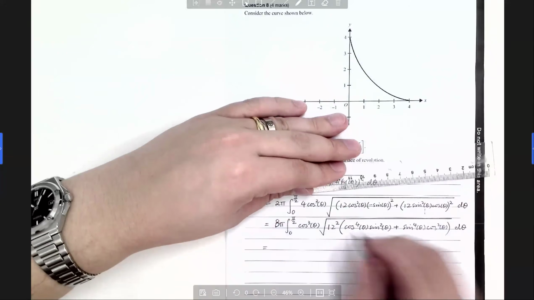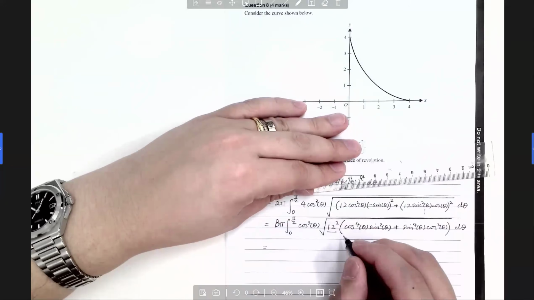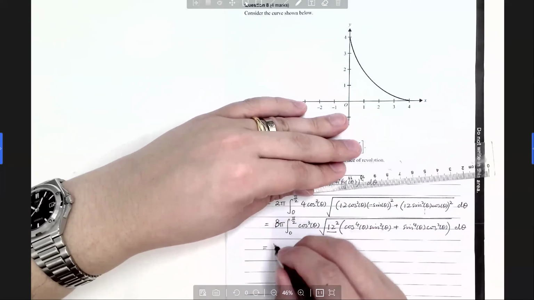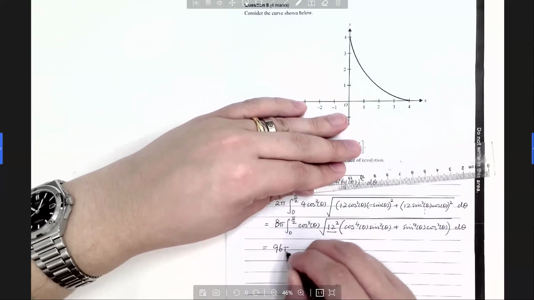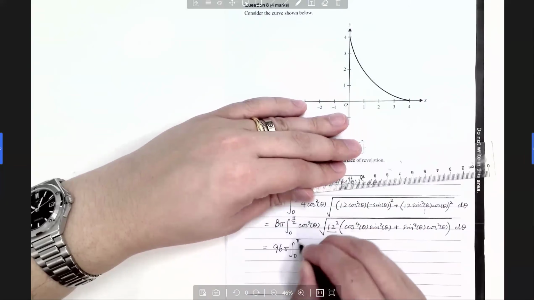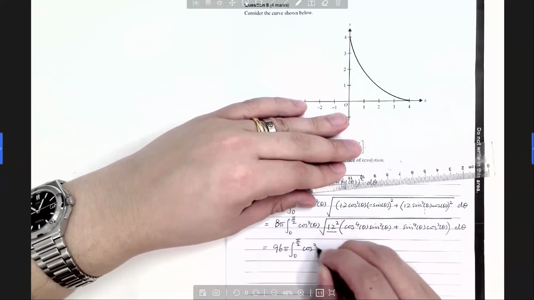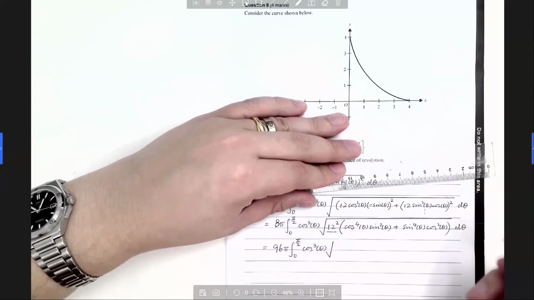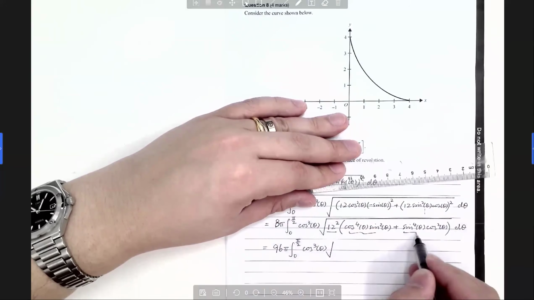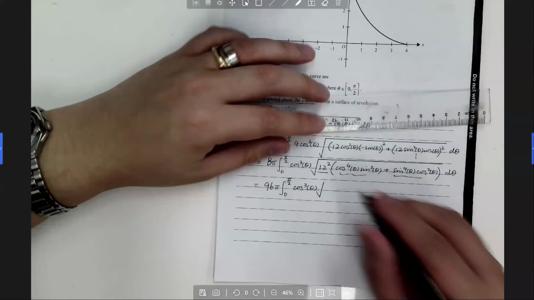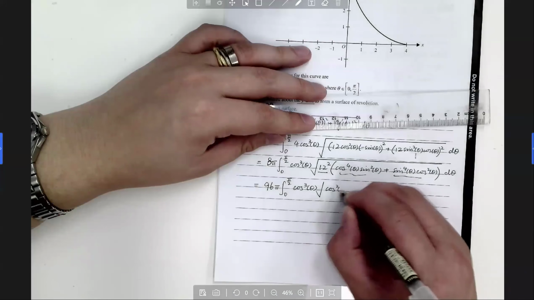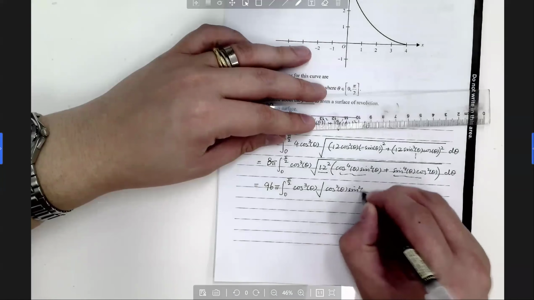And then this square root of 12 squared will be 12. So I can bring out the 12 to get 96 pi, 0 to half pi. We have a cosine cubed theta here. And then for these two terms, looks like we have a common factor. For example, cosine squared, sine squared as a common factor.